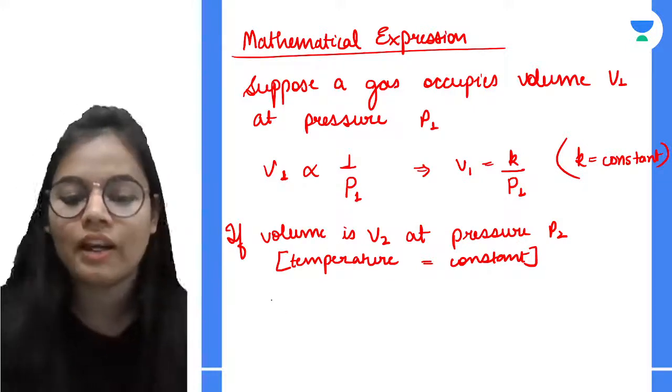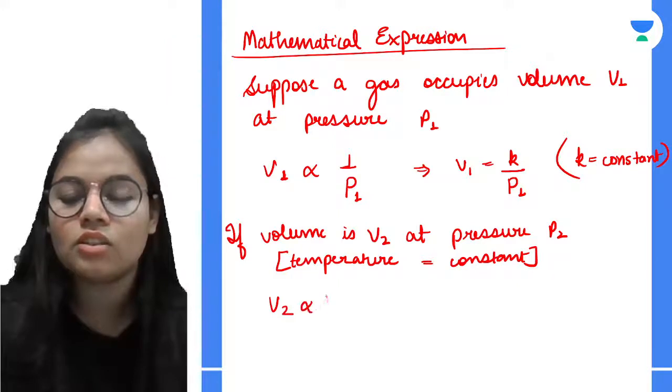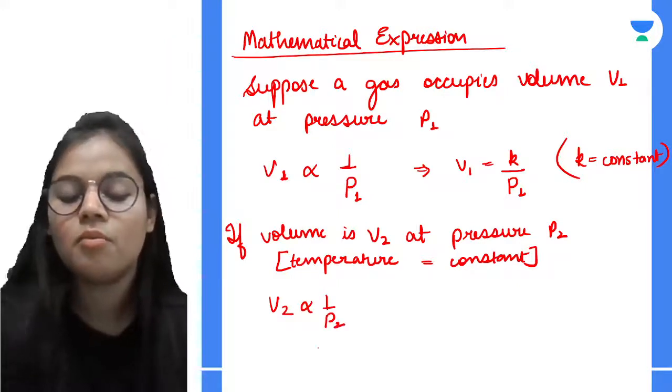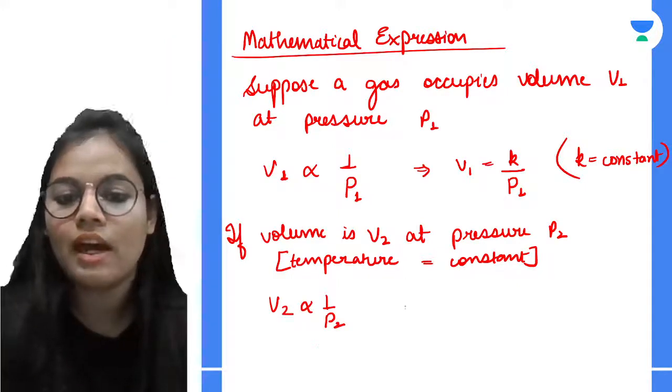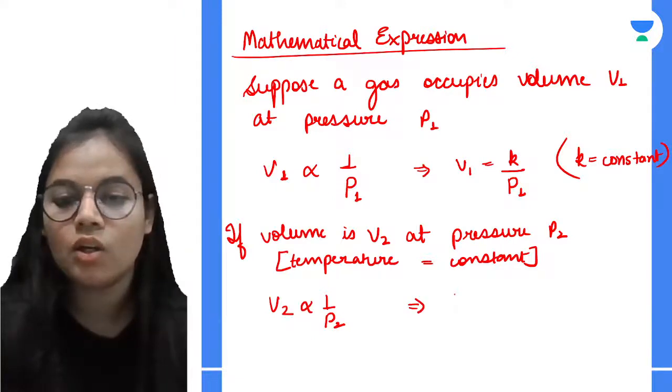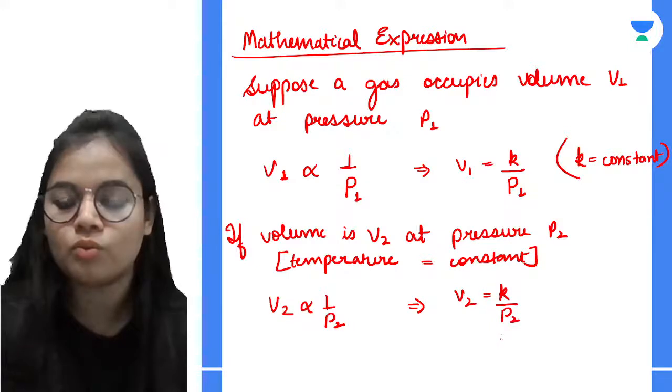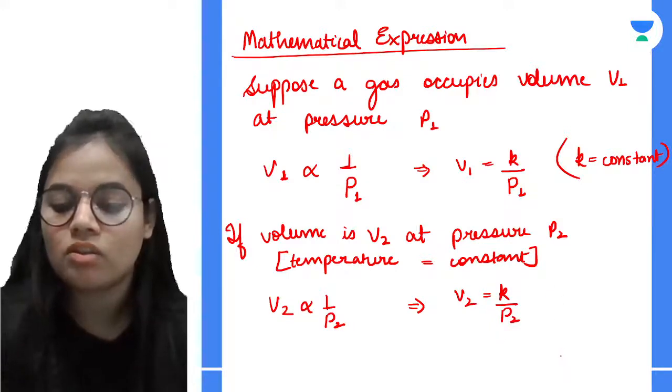Now what can we write? We can write V2 is inversely proportional to pressure. Similarly, V2 is equal to K upon P2. Again, K is constant.